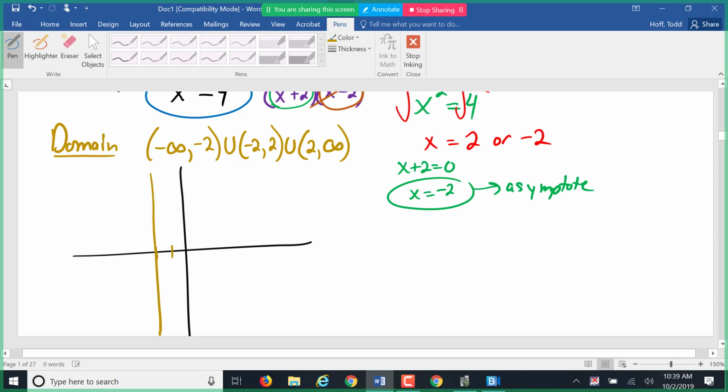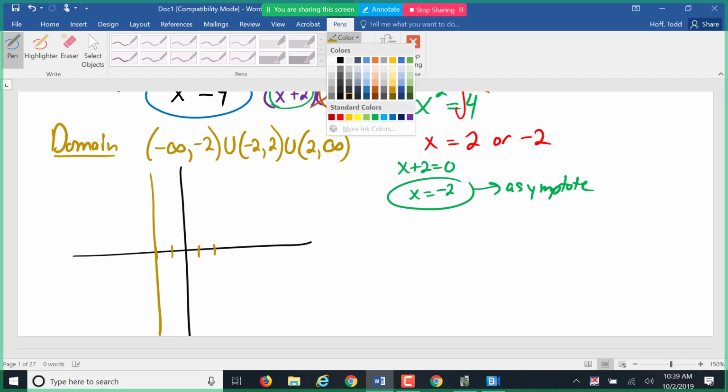As it approaches that line from either side, it's either going to shoot off to positive infinity or down to negative infinity. At x equals +2 here, there's no asymptote, but there's a hole in the graph.